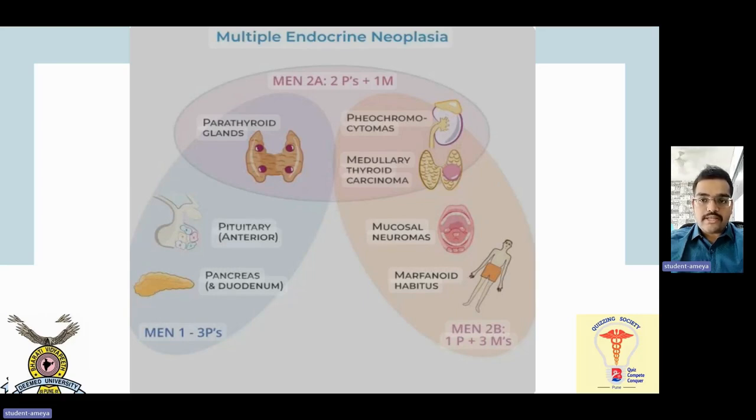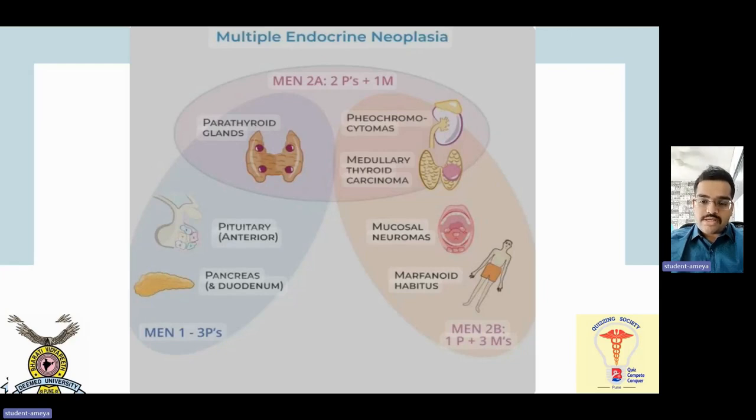It codes for the protein menin. The main manifestations of MEN1 are the three P's, that is pituitary adenoma, pancreatic neuroendocrine tumor, and parathyroid adenoma, which will be further elaborated with the visual mnemonics that I will show at the last of the snippet.